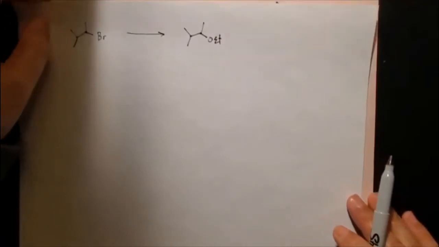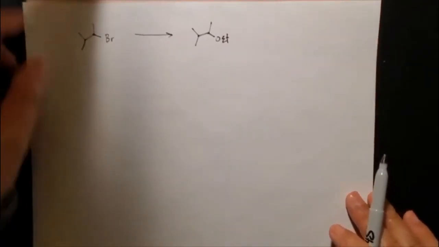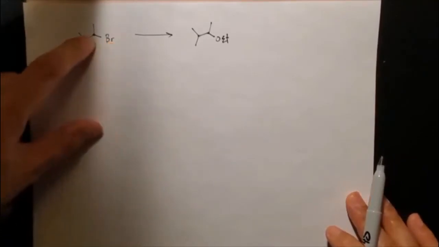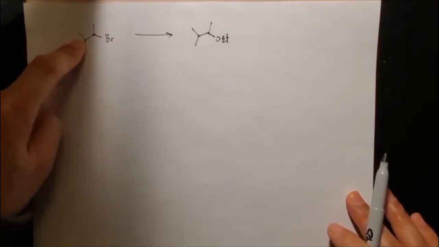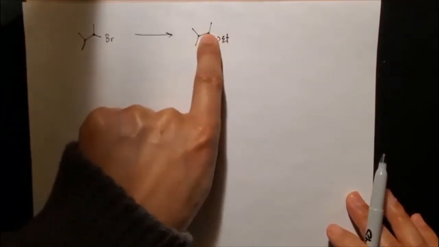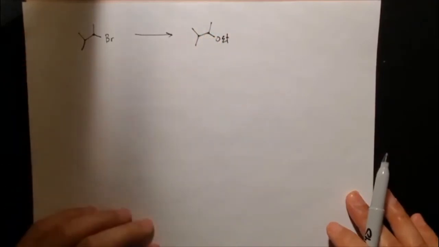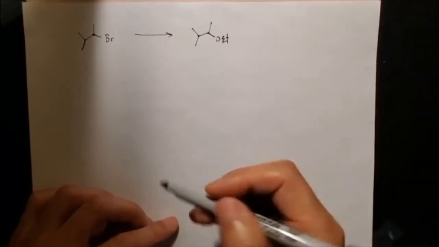Well, this is a substitution, so you can think of it as SN1 or 2, but when you remember SN1, making secondary carbocation will rearrange to the tertiary, so your nucleophile will end up here, not there on the secondary. So that's not SN1, so it must be SN2.